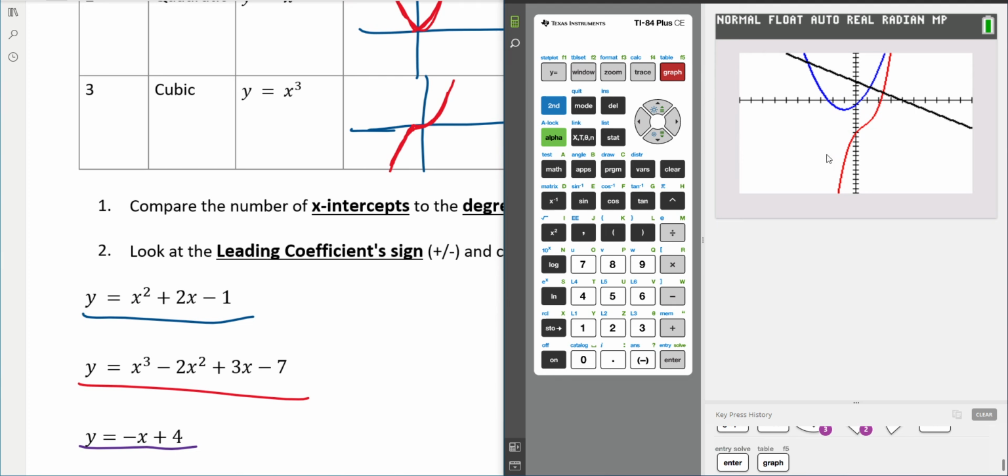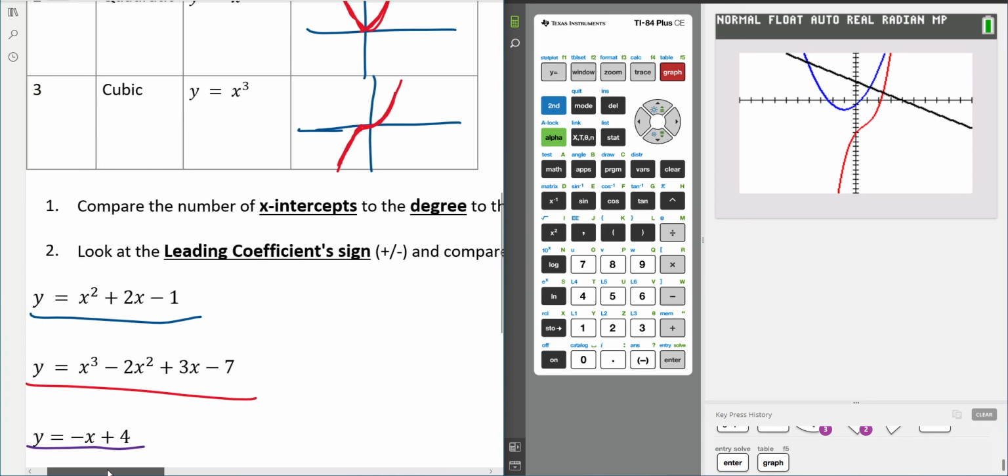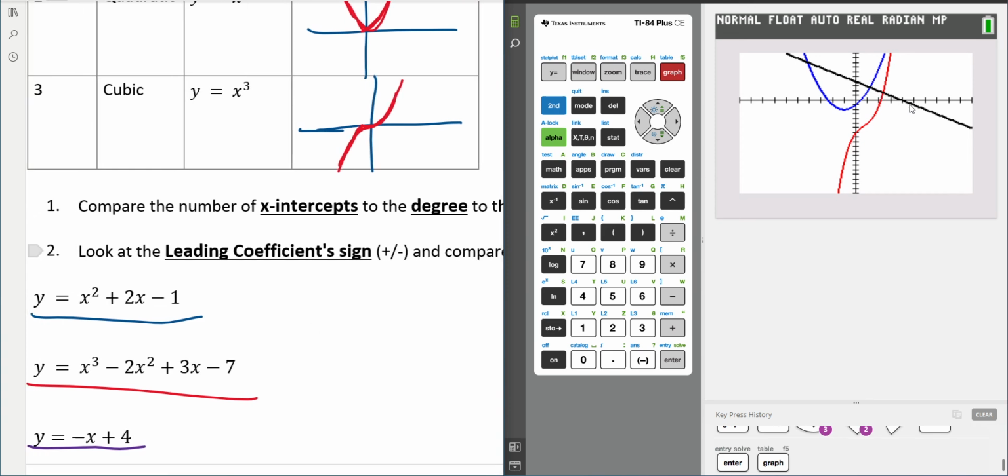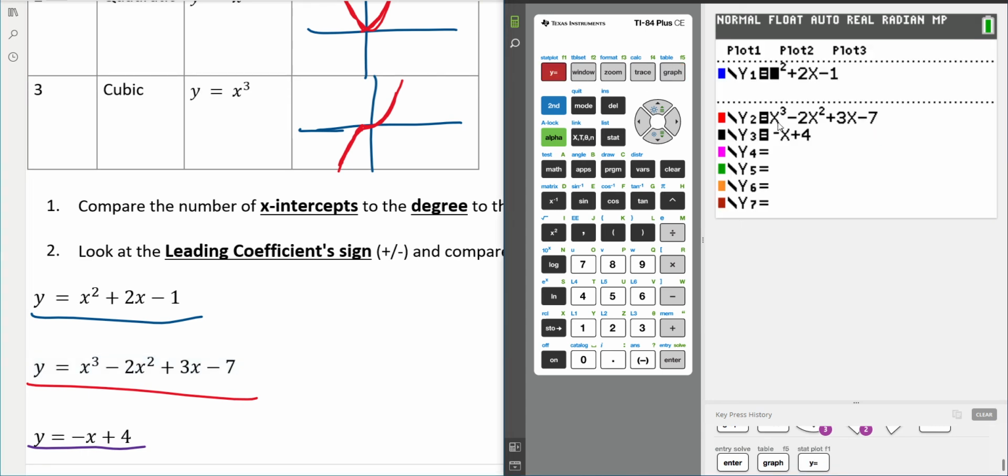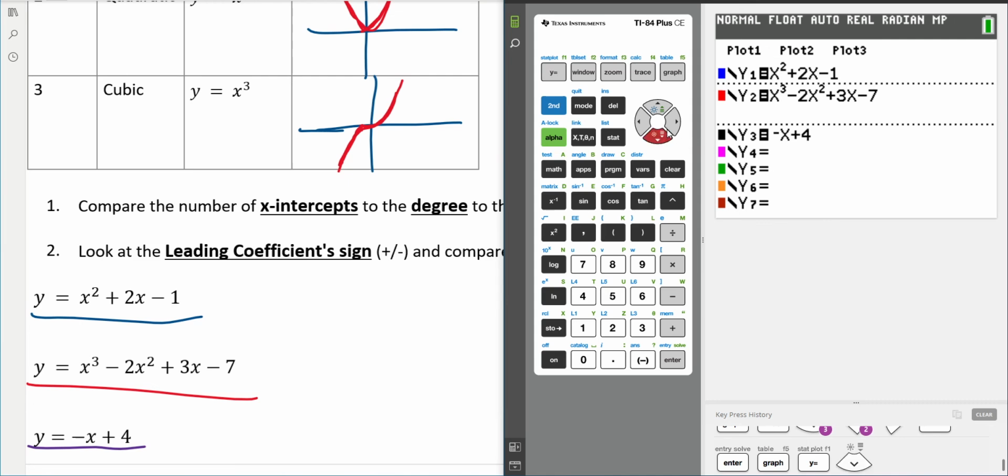Okay, so hopefully you can see here that the number of x-intercepts for our linear equation has only one x-intercept. Our quadratic has 2 x-intercepts. I think I made this one a little bit too complicated. Maybe I can make it less complicated for a cubic function, but you could have a simple one. So let's see if I can make it simple.